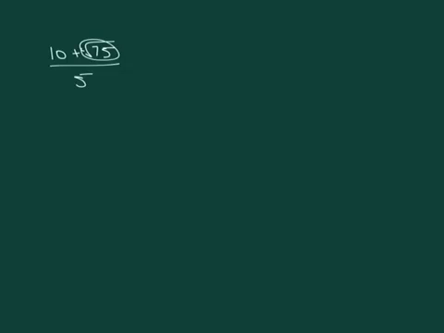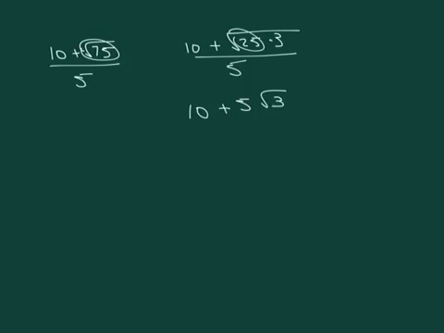Gosh, 15 times 5 is 75, but I can't take the square root of either one of those. But the square root of 25 times 3 gives me 75. And because I know the square root of 25 is 5, I can take that 5 out, and my 3 is kind of stuck in there because I can't take anything there.